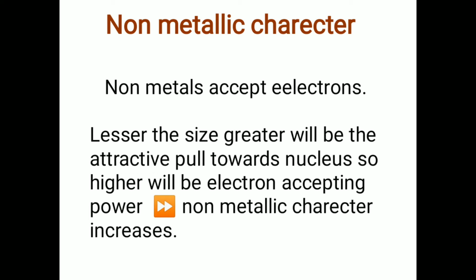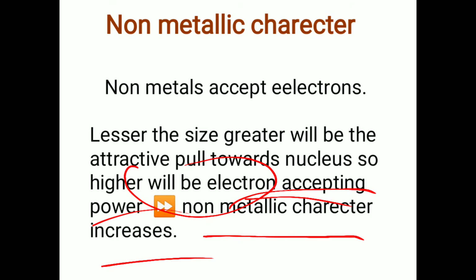If the attractive pull towards the nucleus is higher, then it is easier for that nucleus to accept an electron. That is why if the size is lesser, there will be greater attractive pull towards the nucleus, so higher will be the electron accepting power. That leads to the non-metallic character, because the higher the electron accepting power, the greater the non-metallic character.